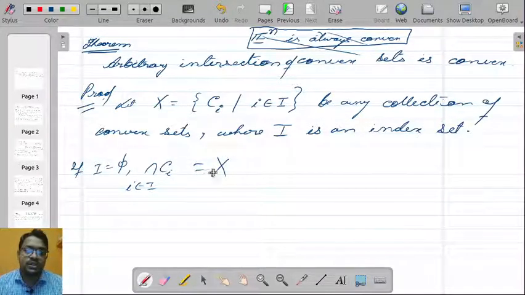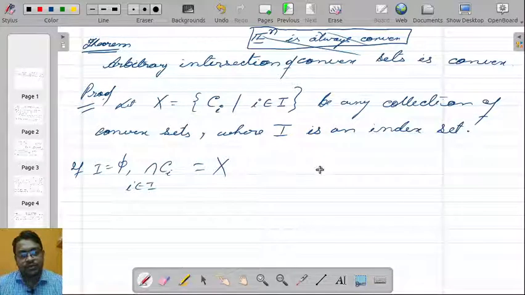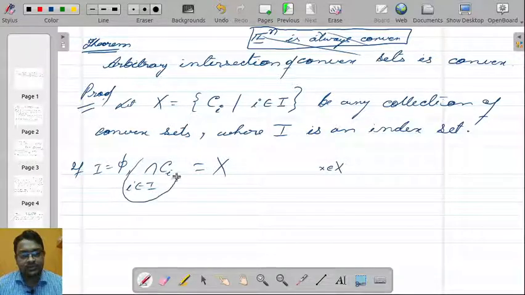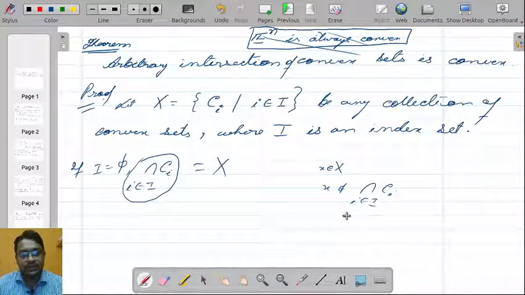This also follows from a logical argument. Suppose we take an element X inside capital X. If it is not in this intersection, that means X doesn't belong to the intersection of Ci such that i belongs to capital I. So X is not there in at least one of the sets.